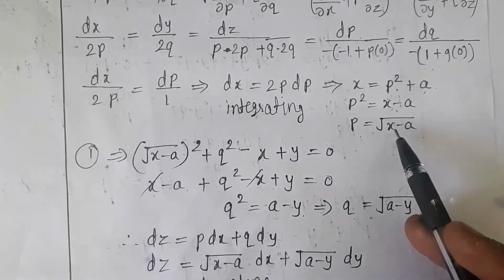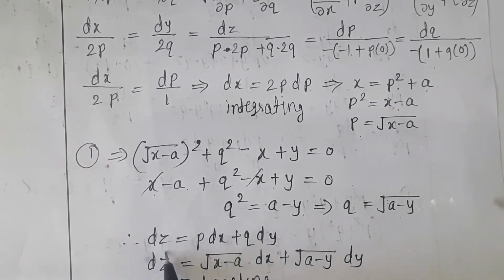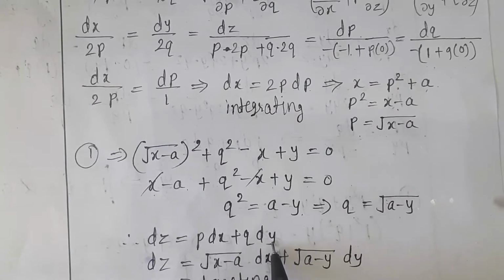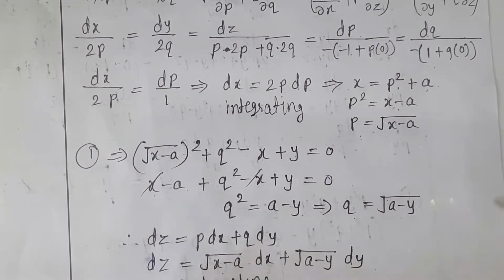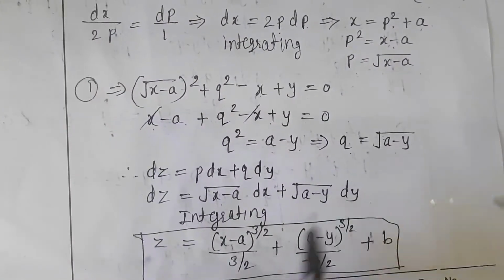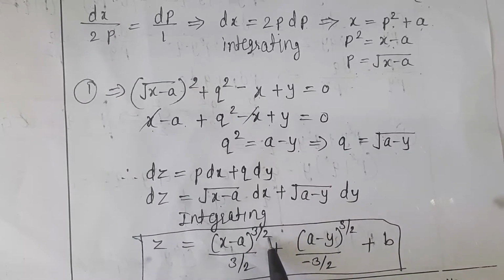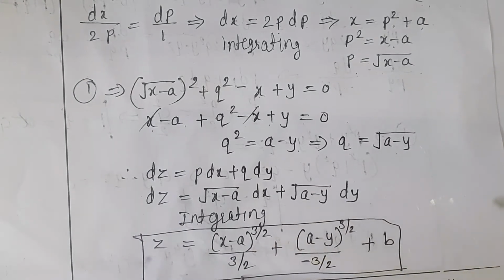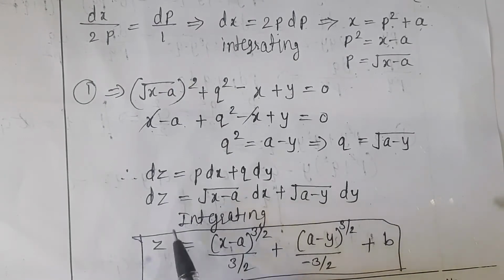Now once we get p and q, we can substitute these values in dz. So dz is equal to p dx plus q dy. Dz is equal to root of x minus a dx plus root of a minus y dy, and integrating, the integration of dz is z, and integration of x minus a to the power half is x minus a to the power half plus 1 divided by half plus 1, multiplied by the derivative of x minus a, which is 1.